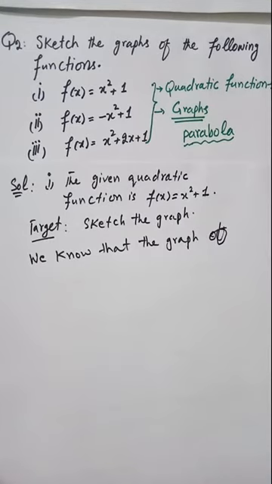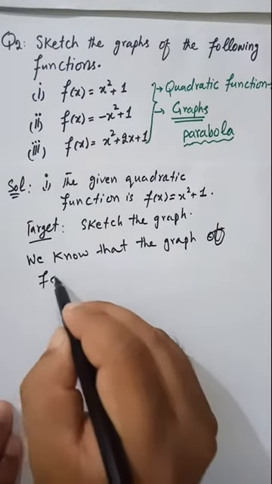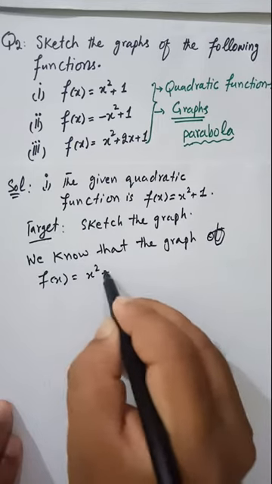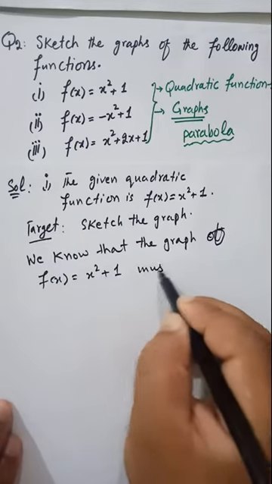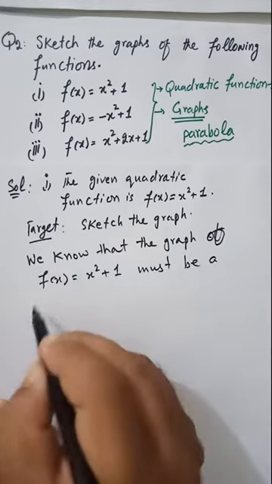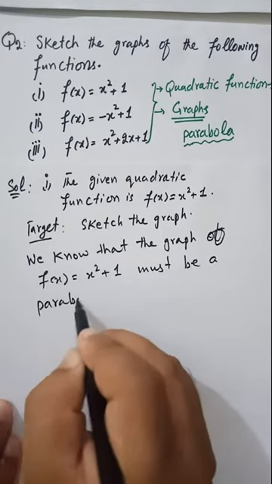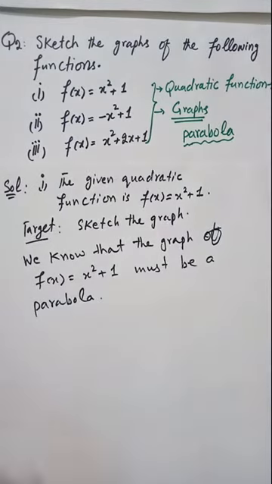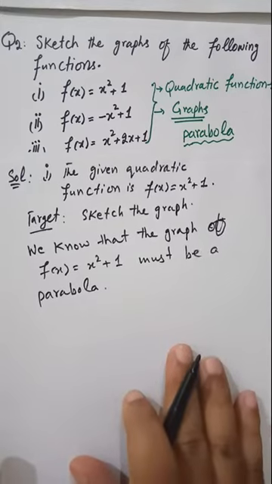So we know that the graph of f of x is equal to x square plus 1 must be a parabola. But what will be the vertex of that parabola? So we need to find out.